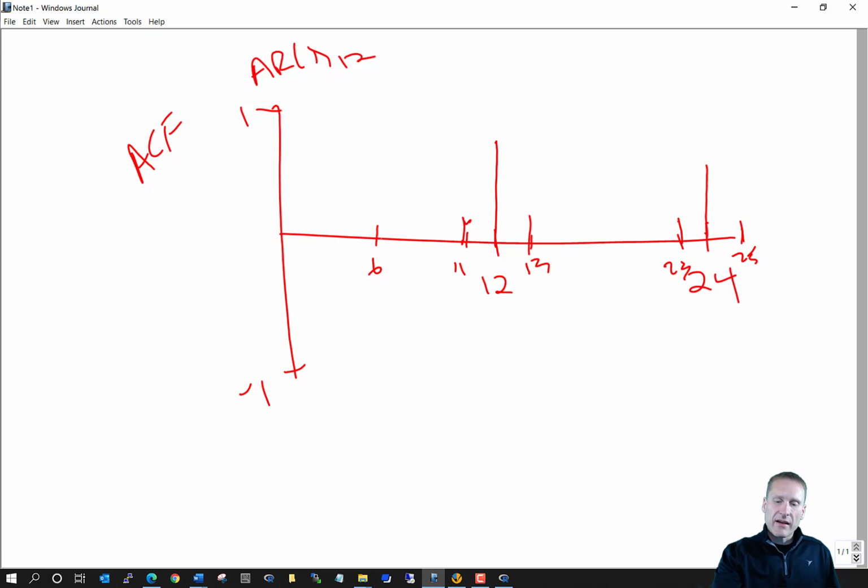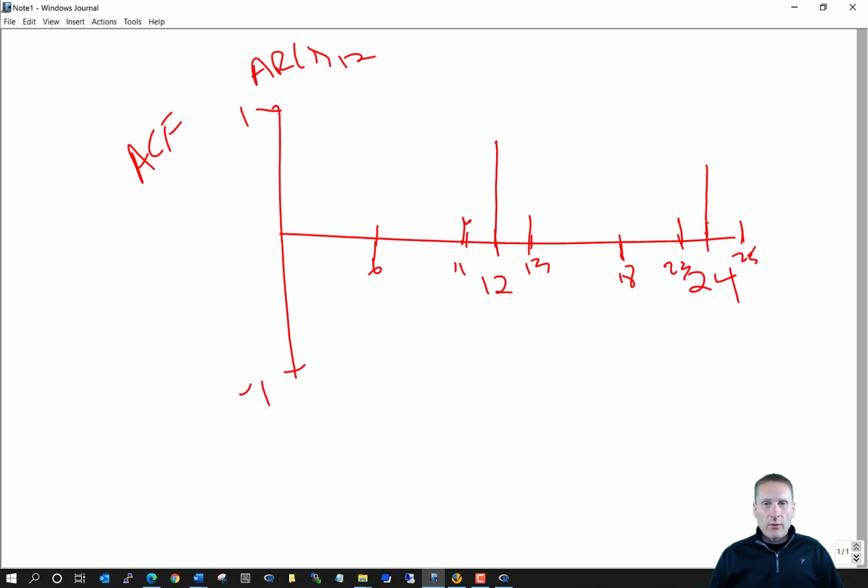But at lag 6, I might see something like this. Also at lag 18, I might see something like this, where I also have, at fractional lags of this season, these larger autocorrelations as well.